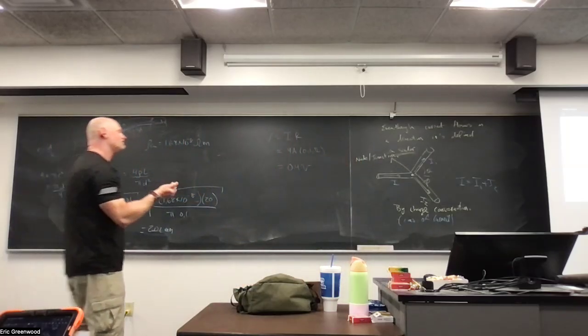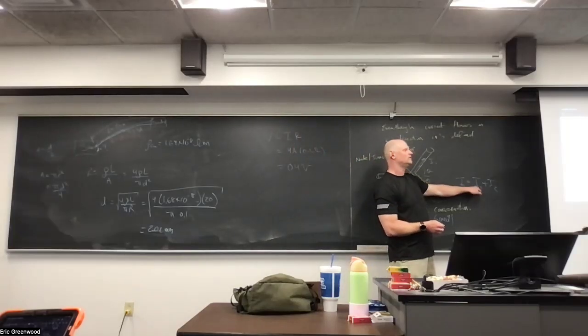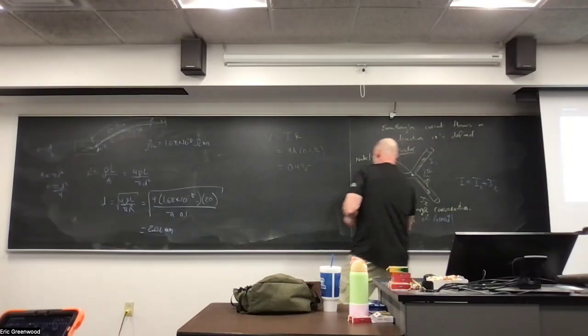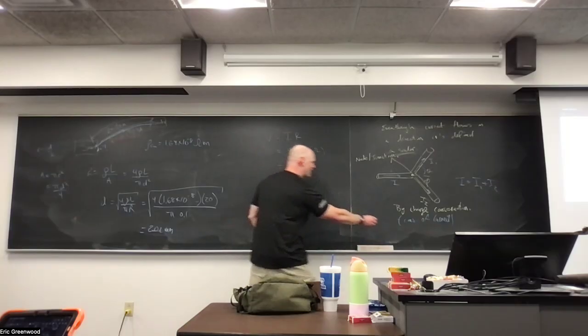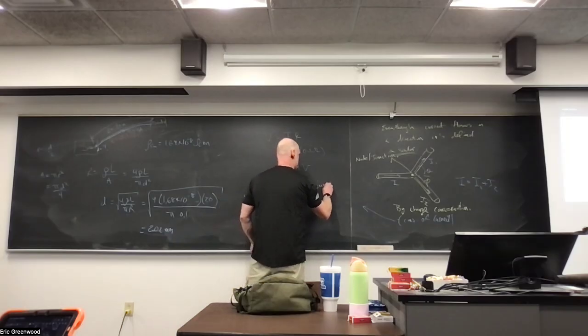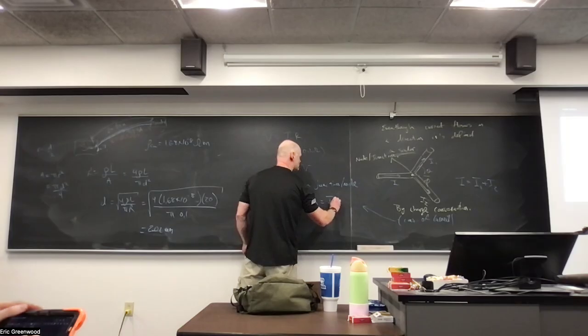So in this case, whenever I'm dealing with current, since it's a scalar quantity, I don't have to vectorially add these together. They're simply just going to be added together. Okay? Now, this brings up conservation of charge or conservation of current, which says at a junction, i.e. a node, the sum of the currents coming in must be equal to the sum of the currents coming out.